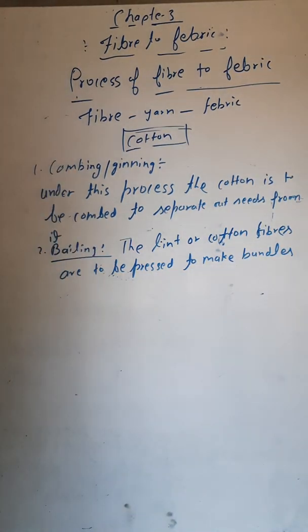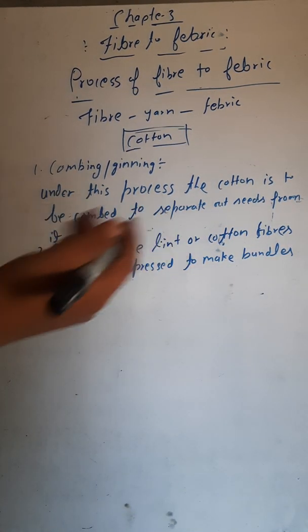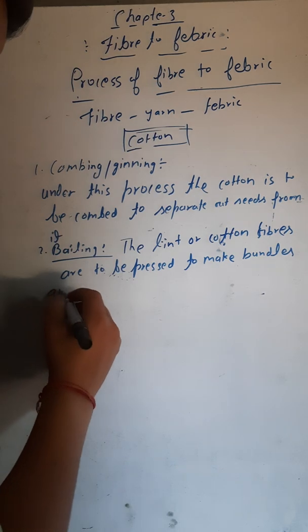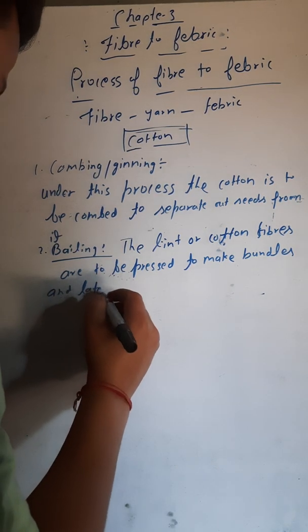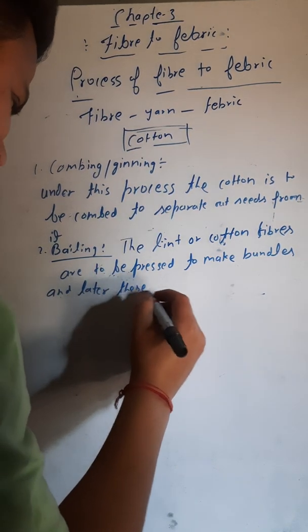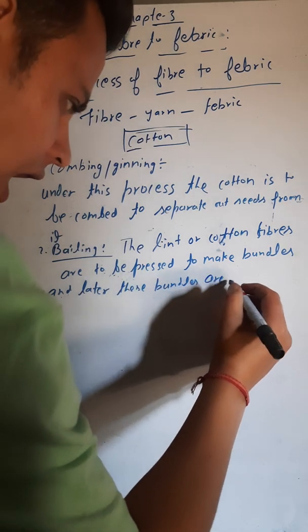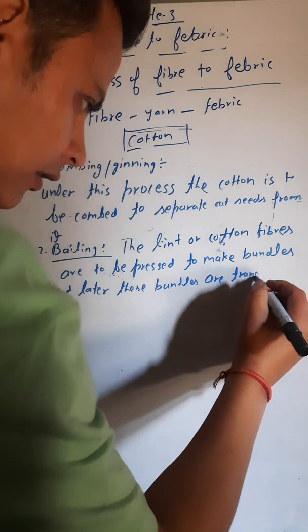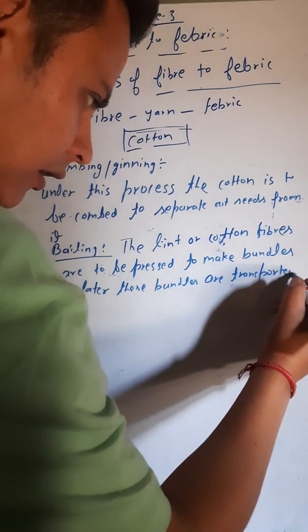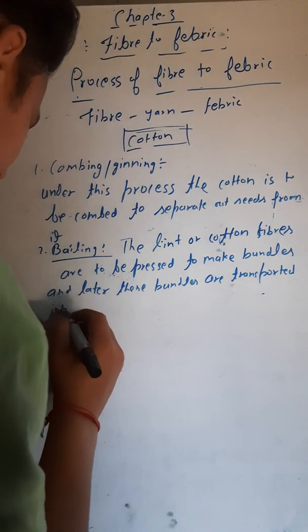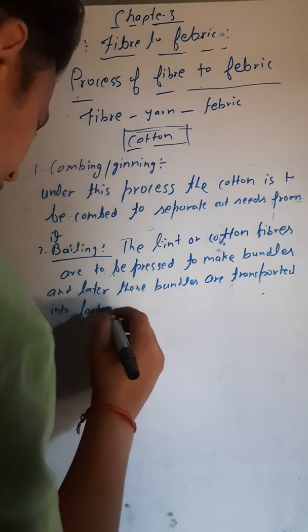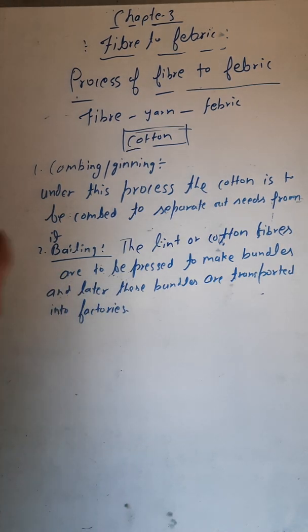Lint means the cotton fiber. Okay, then later these bundles are transported into factories where we will make yarn out of that. Okay, so this is the process of baling.